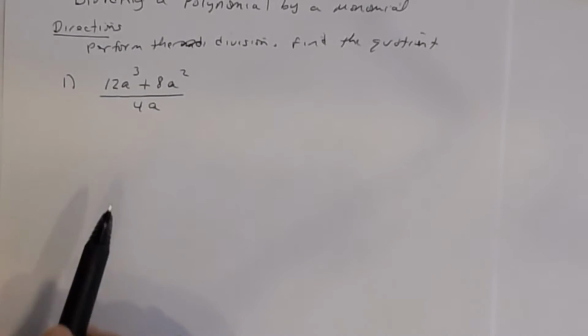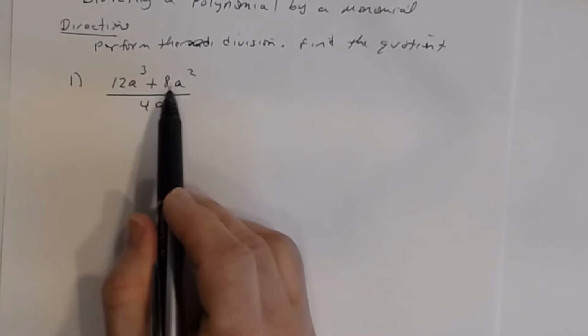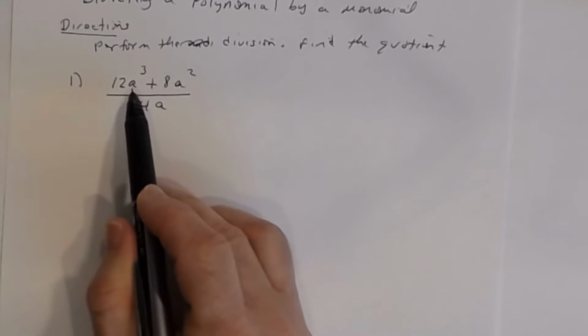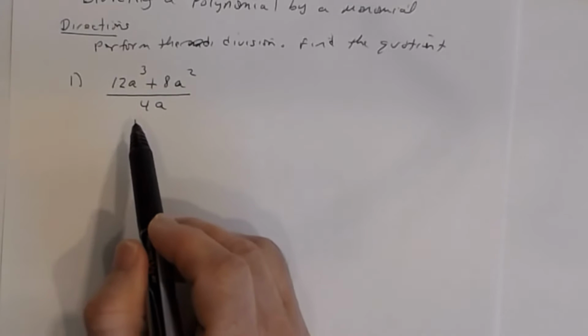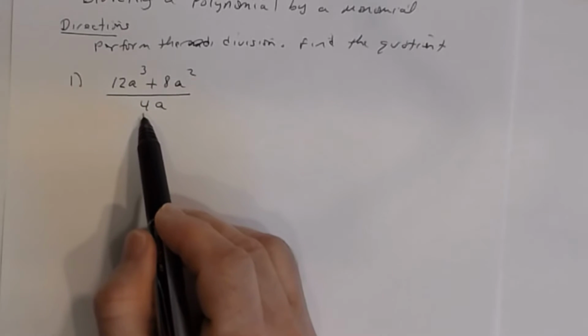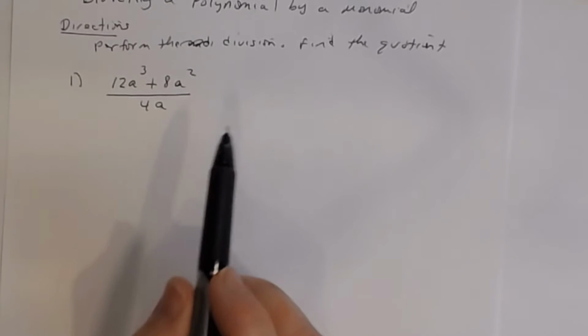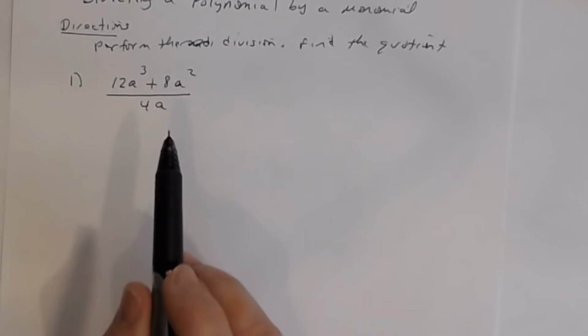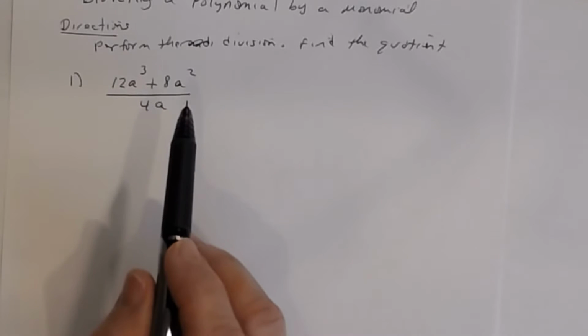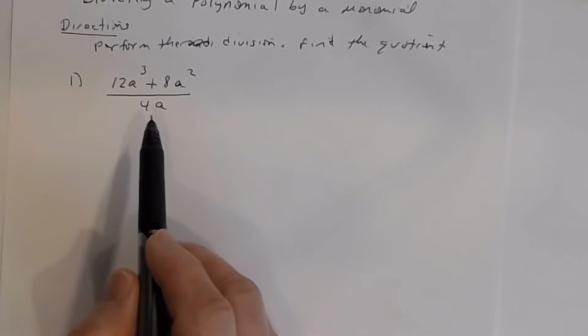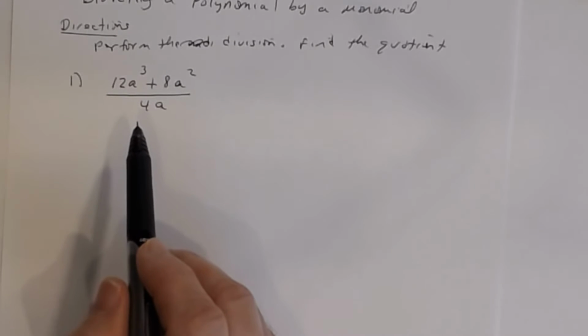So that's our problem. Notice I have a polynomial with two terms divided by a monomial, one term. Whenever you are dividing a polynomial by a monomial, the easiest way is this idea.